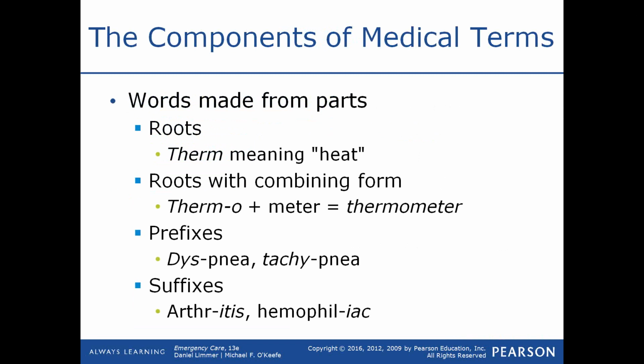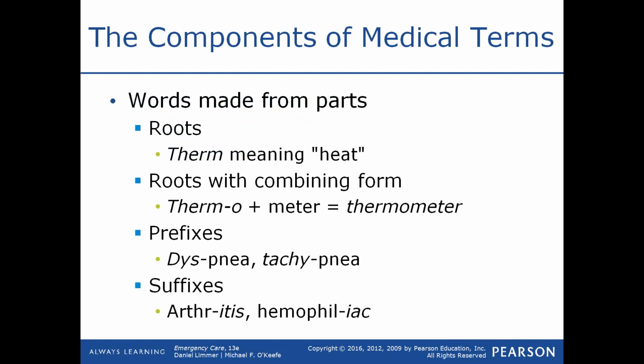When we look at prefixes, pnea is the root word for breath, and dis is difficulty, tachy is fast. So dyspnea would be difficulty breathing, and tachypnea would be rapid breathing. Suffixes added on to words change the word.